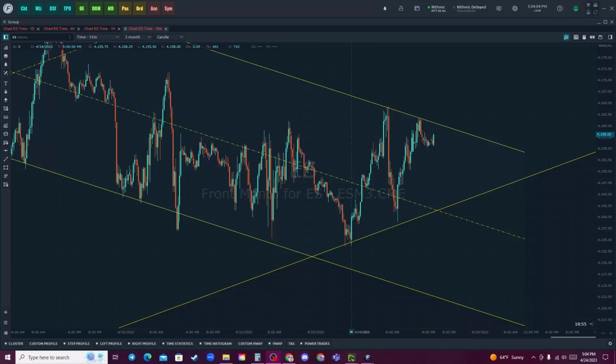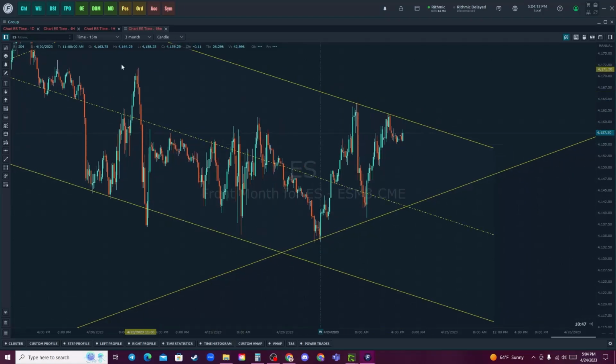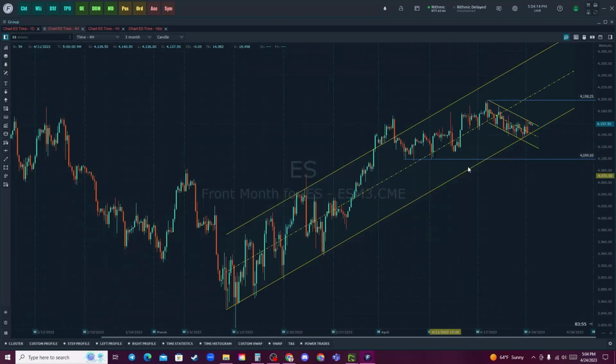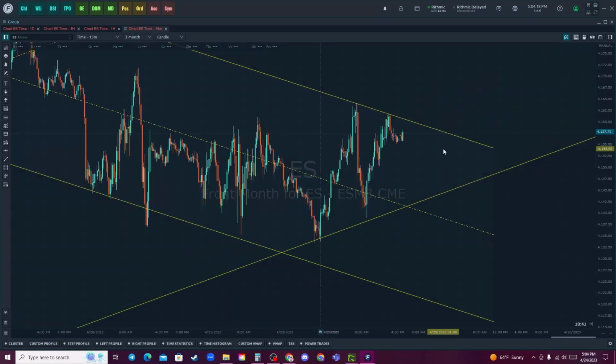Another reason why multiple time frame analysis is important is because it can help us avoid false breakouts. So let's say that overall we thought that the 4-hour trend was going to hold and continue upwards, and we're trading off the 15-minute chart.